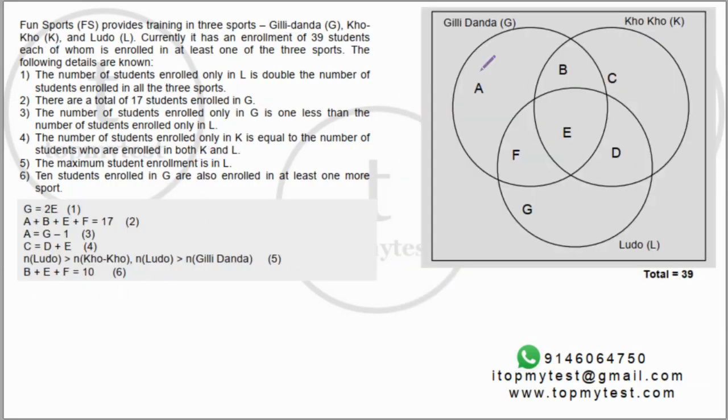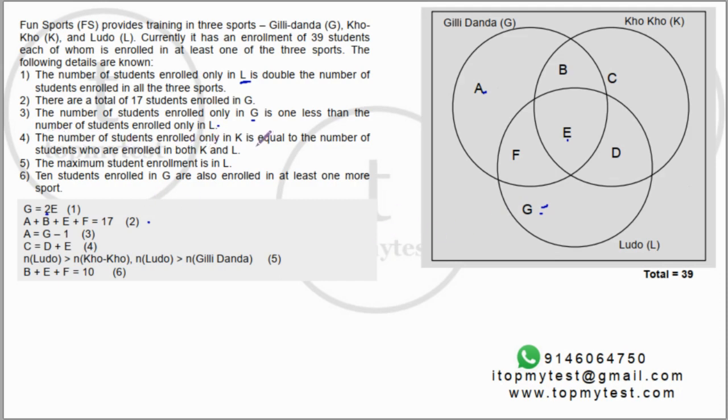I've summarized this. I've put a Venn diagram here. You have Gilli Danda, Kho, Ludo, and so on, right? So I've written it down. The number of students enrolled in only L, which is G, is double the number of those who enrolled in 3 sports. Total of 17 in G. The number of students enrolled only in G, which is A, is 1 less than those enrolled only in L, which is this minus 1.